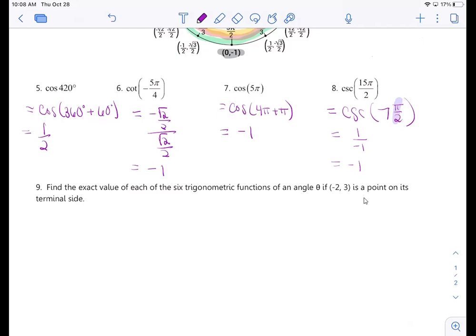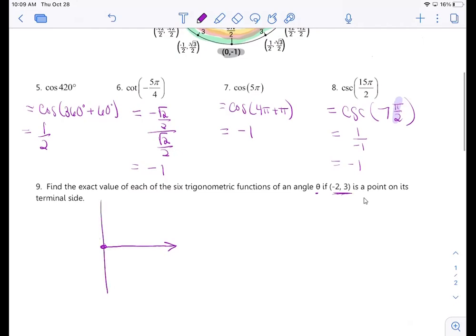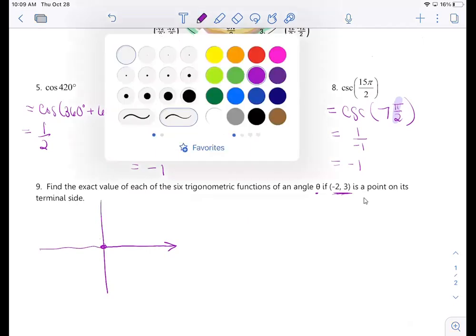So what this is saying is you're in a standard position. You also had an example like this in your notes too. And it says my angle, theta, this is on the terminal side of my angle. So if you think about a Cartesian plane, and remember, we're always in standard position.